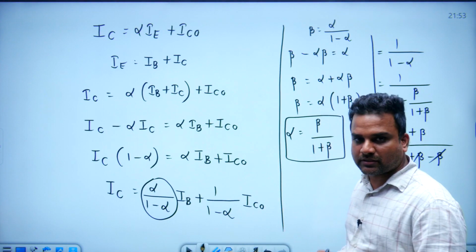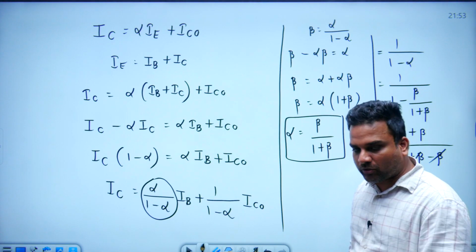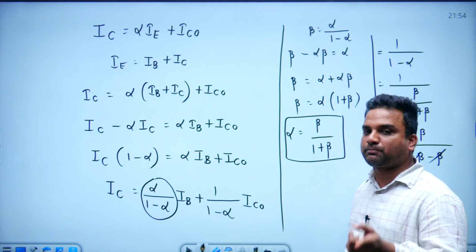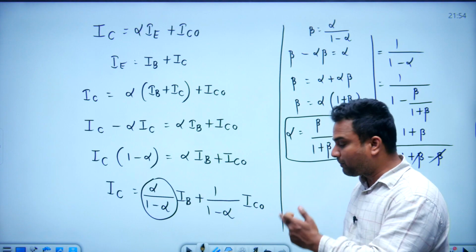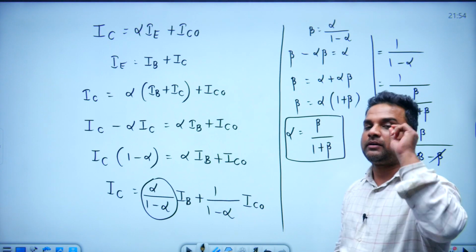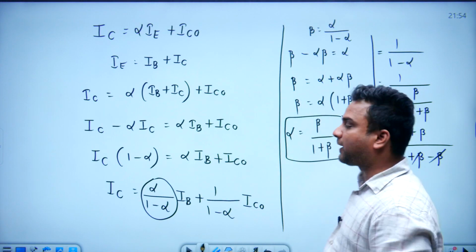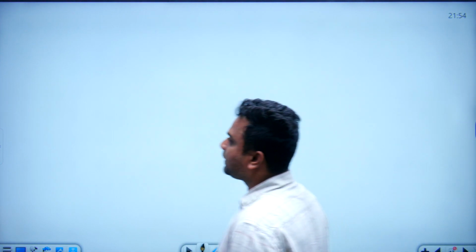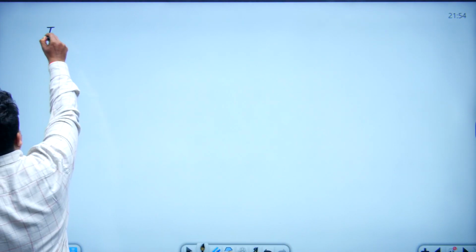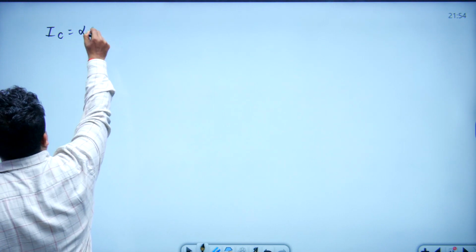That means guys, if you assume alpha by 1 minus alpha as beta, then 1 by 1 minus alpha becomes 1 plus beta.